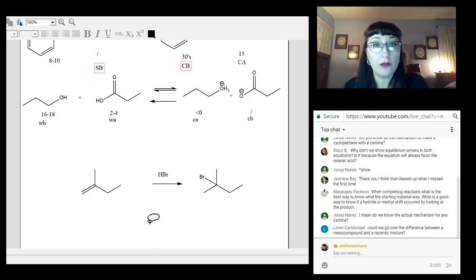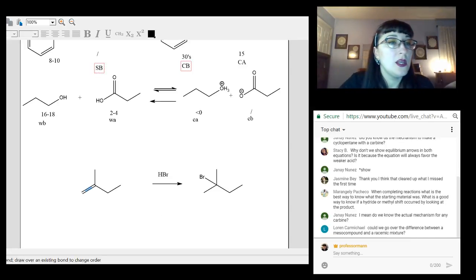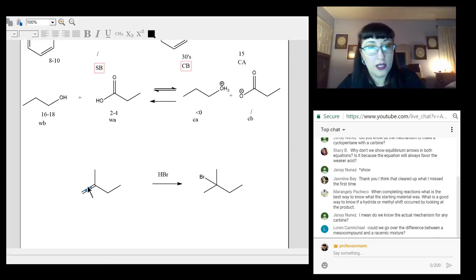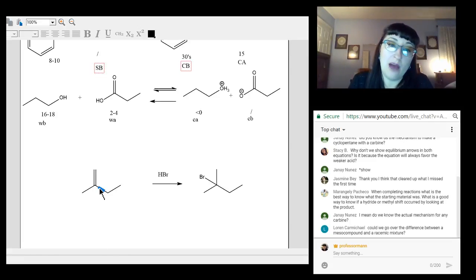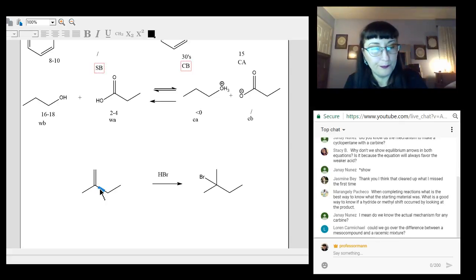I'd give you full credit for that. It's an absolutely perfectly valid answer. If instead of the one that I just drew, you drew one like that, you would still get full credit. Okay, it's the same molecule that's just been rotated around that bond that I'm highlighting right there.